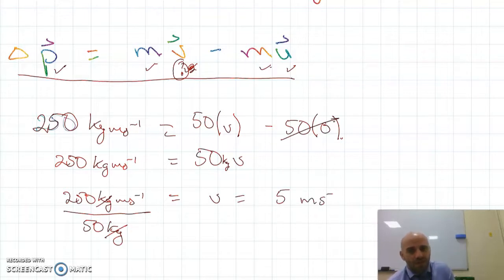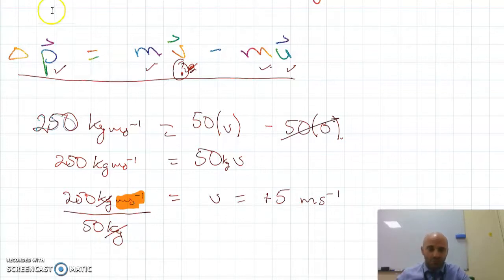Please notice that the meters per second is the only thing that's left after we cancel off that kgs. So the final velocity is 5 meters per second, and also notice that it is positive. It didn't turn out to be negative because the velocity turns out to be going to the right.